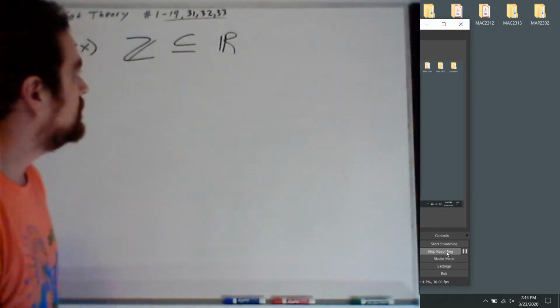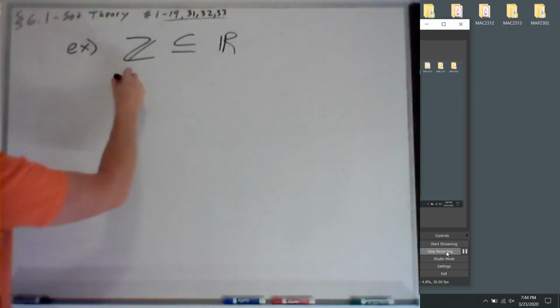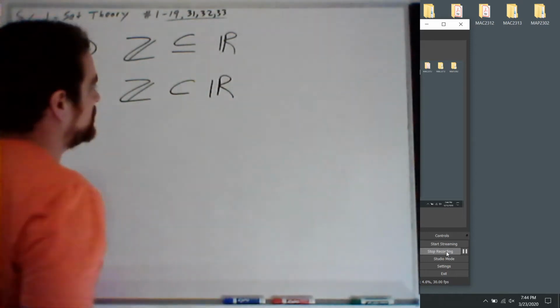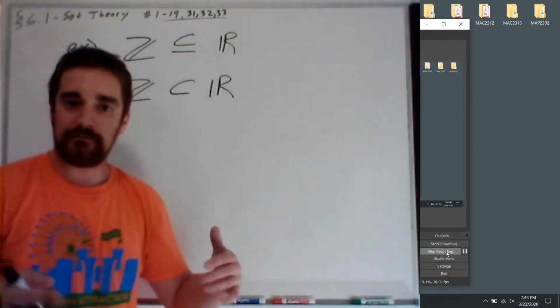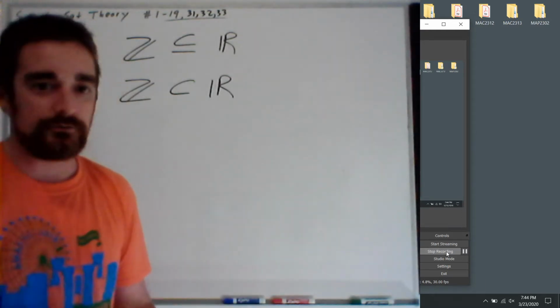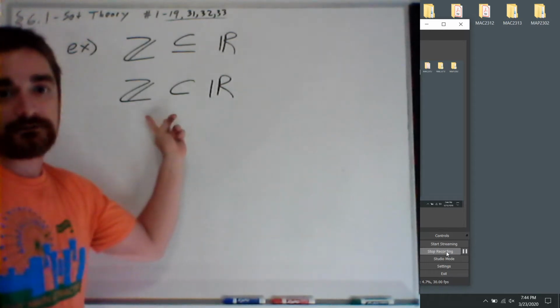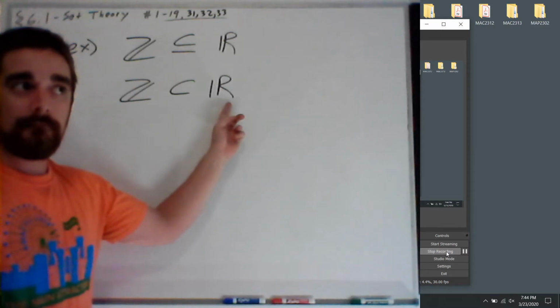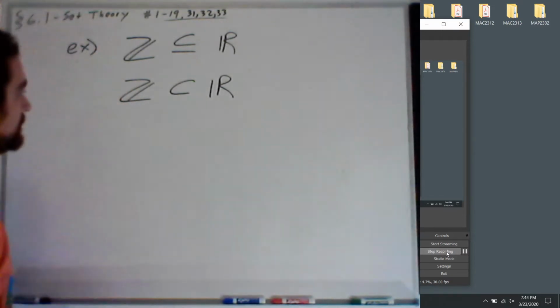So the integers are just a smaller subset of the real numbers. In fact, the integers are a proper subset of the real numbers. Again, the integers are just positive and negative 1, 2, 3, 4, 5, etc., and zero in there. Whereas the real numbers have way more elements that Z does not have. So Z is comprised of all the elements of R, but R has extra stuff. That makes Z a proper subset.